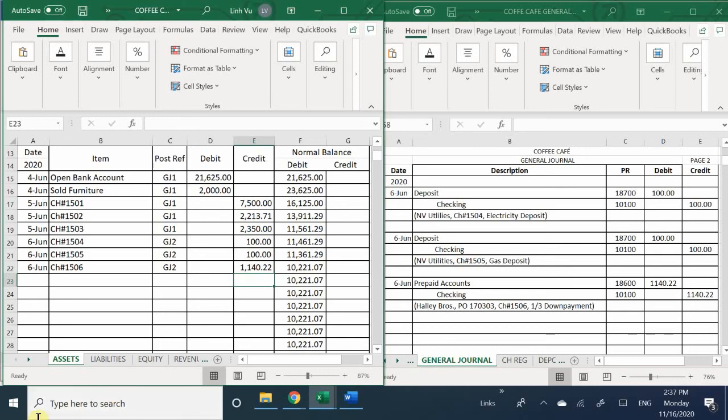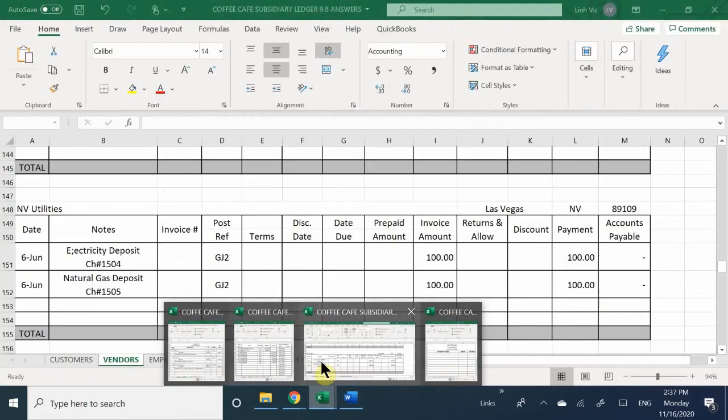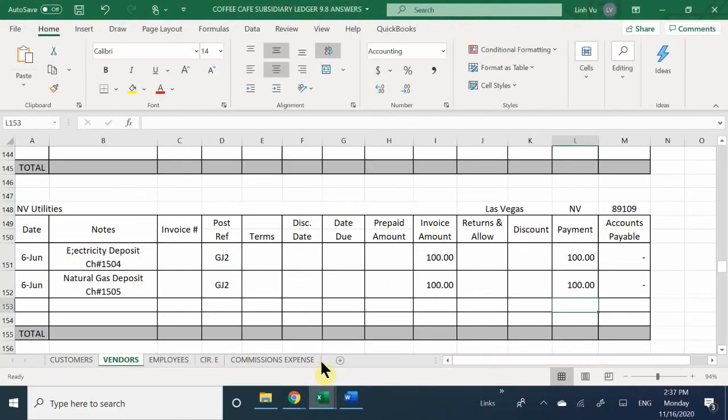And then now we can go ahead and go in for our subsidiary ledger. And so Haley Brothers. Okay, so we go to our subsidiary ledger.